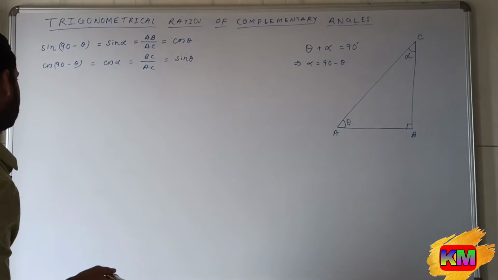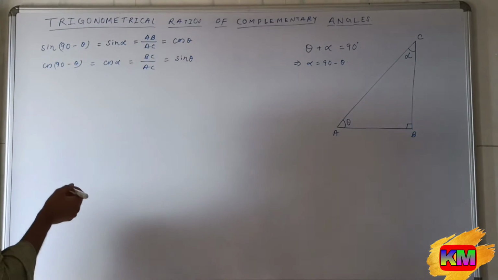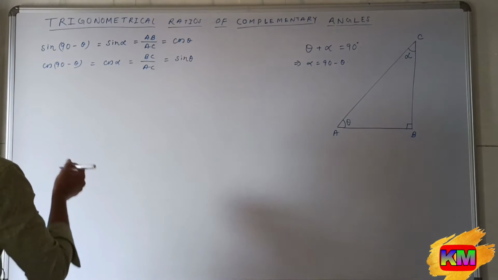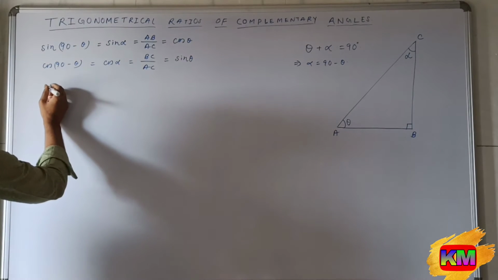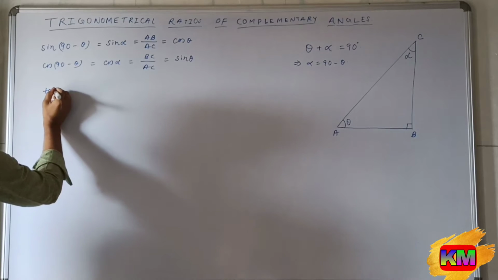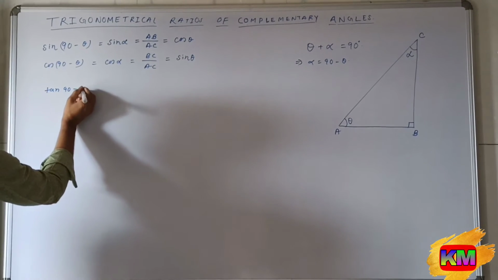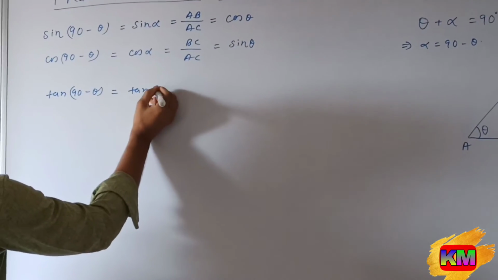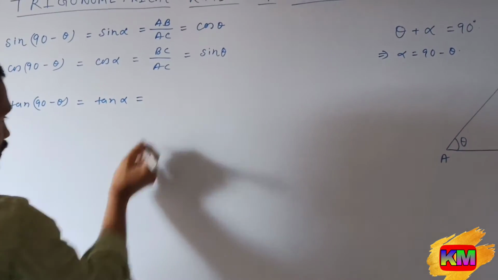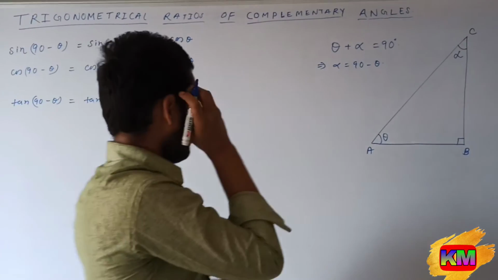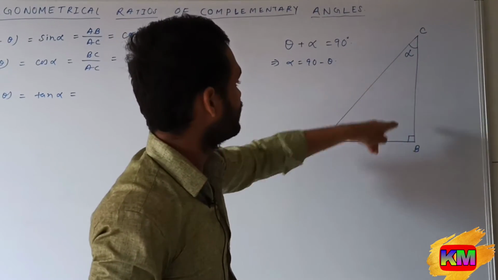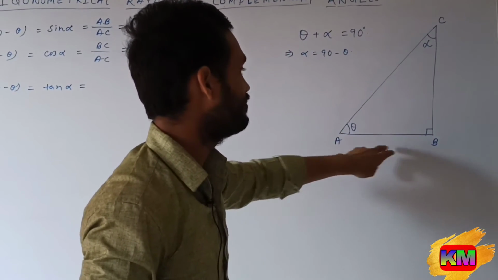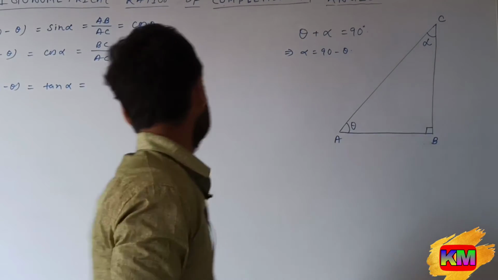Similarly we can find the rest of the trigonometrical ratios. If you want to find tan 90 minus theta, then it is equal to tan alpha. Now for alpha, AB is perpendicular and BC is base.